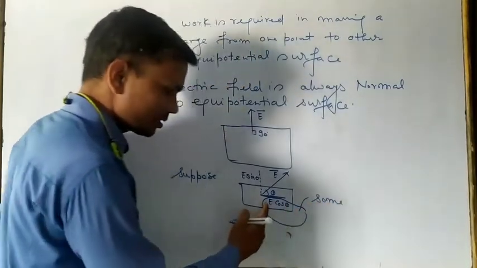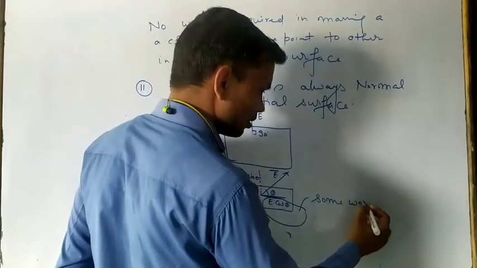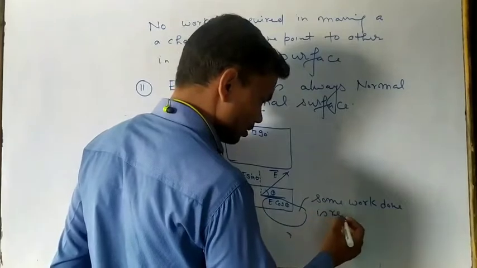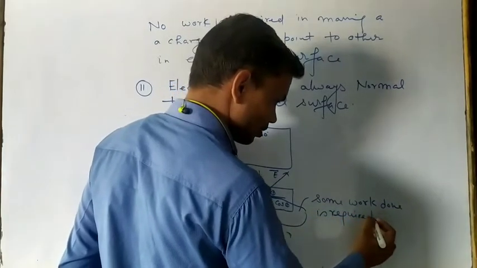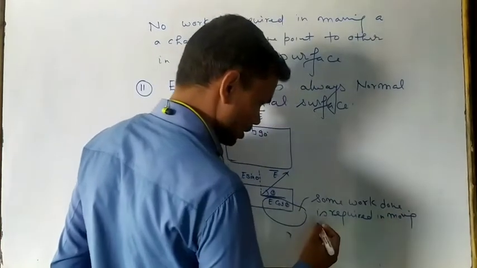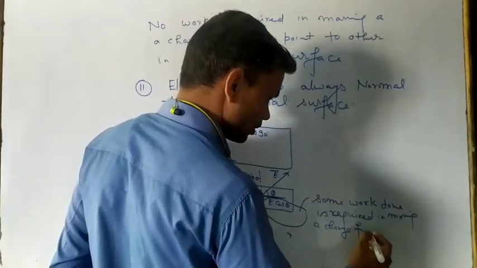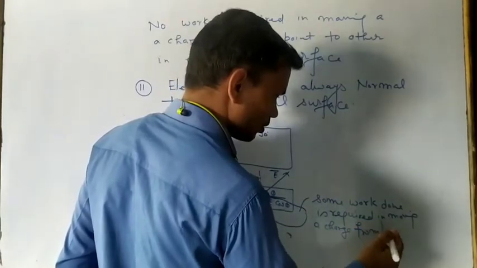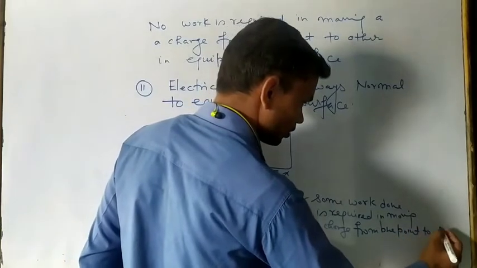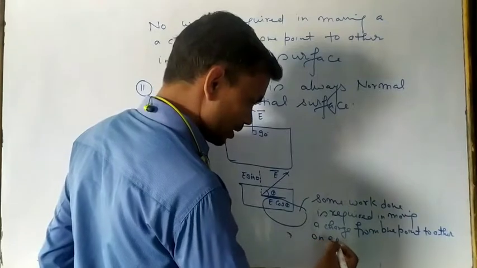Due to the presence of this E cos theta, some work done is required in moving a charge from one point to another on the equipotential surface, right?